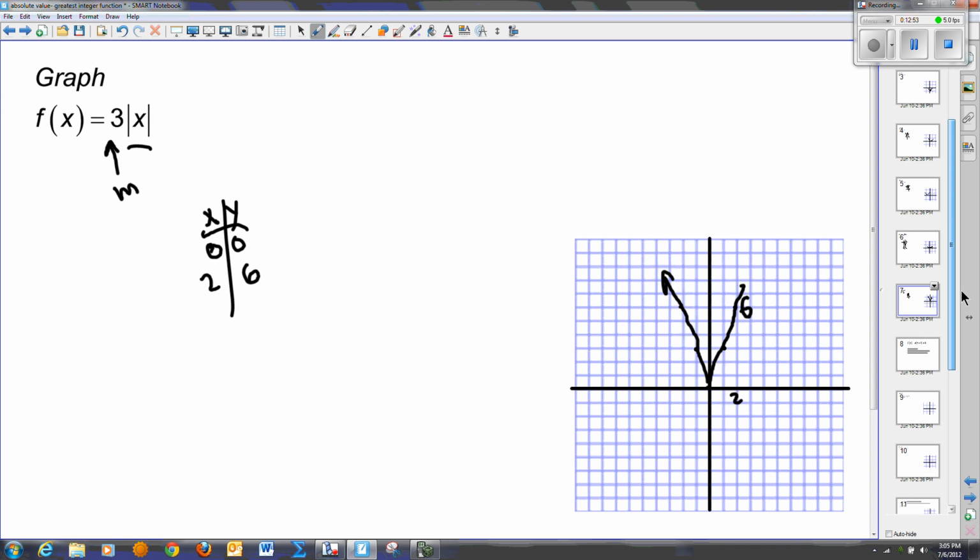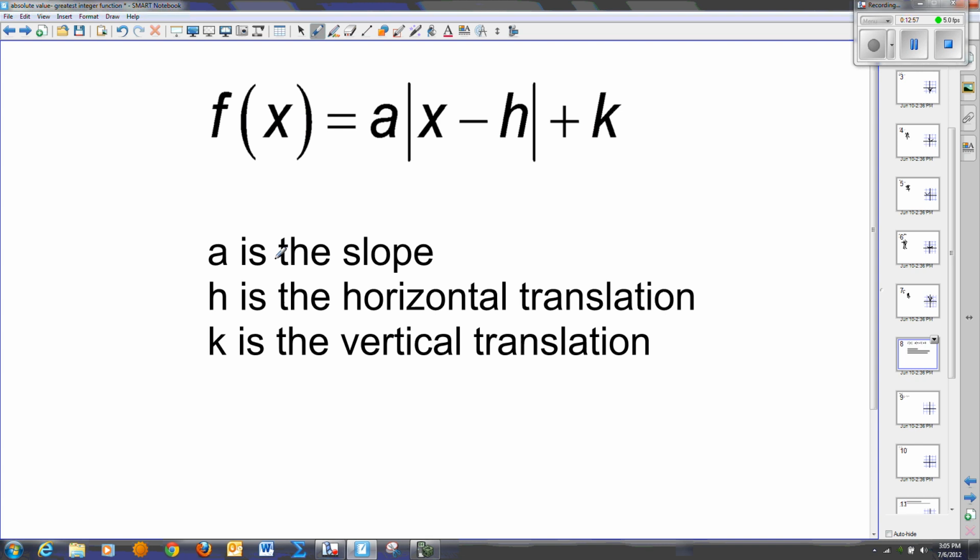We're getting closer and closer to this whole pattern idea tying in. Now, in fact, all absolute value graphs, f of x we know, again, is equal to y, come in this form. Y equals a times the absolute value of x minus h, plus k. A ends up being the slope. We already talked about that. Okay.